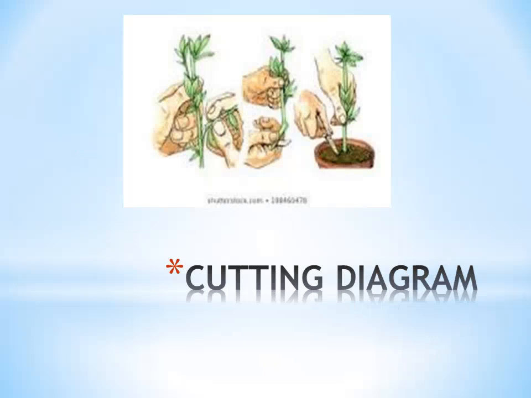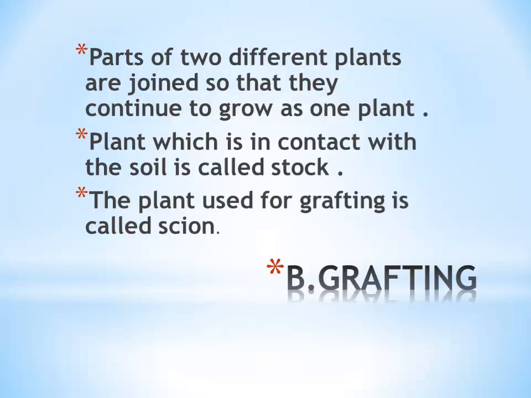This diagram shows how plants are propagated through cutting. The next method is grafting. Here, parts of two different plants are joined together and continue to grow as a single, new plant.